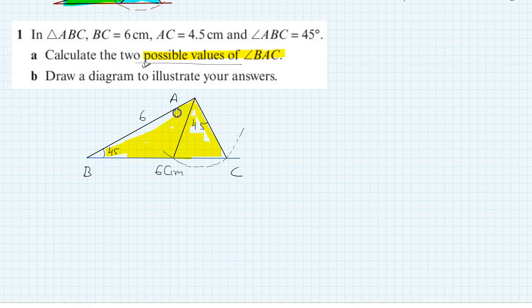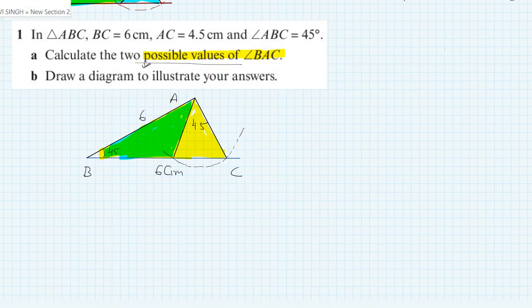So it's not clear with this information whether the triangle is this ABC or the triangle is this only. This is also ABC. So these are the possible values of A.